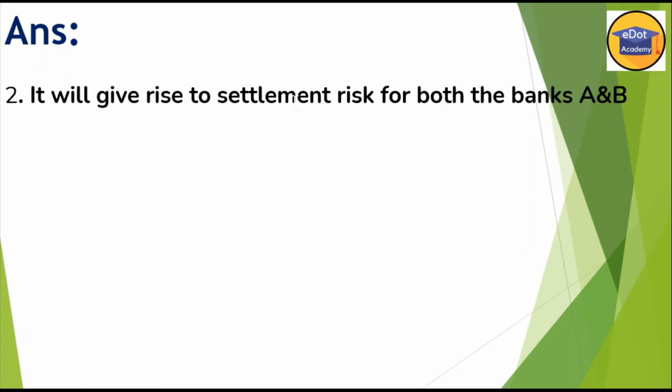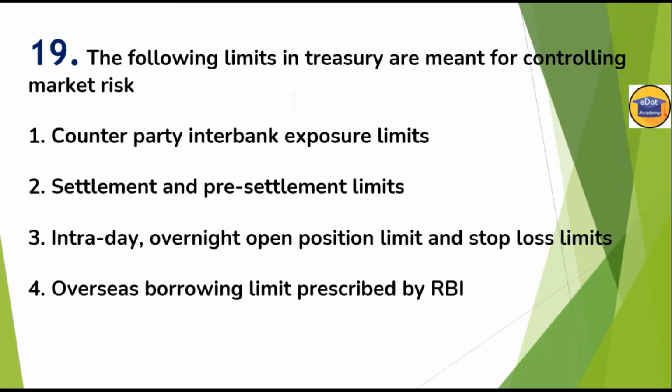Okay, so now question number 19. The following limits in treasury are meant for controlling market risk: counterparty interbank exposure limit, settlement and pre-settlement limit, intraday overnight open position limit and stop loss limit, overseas borrowing limit prescribed by RBI.